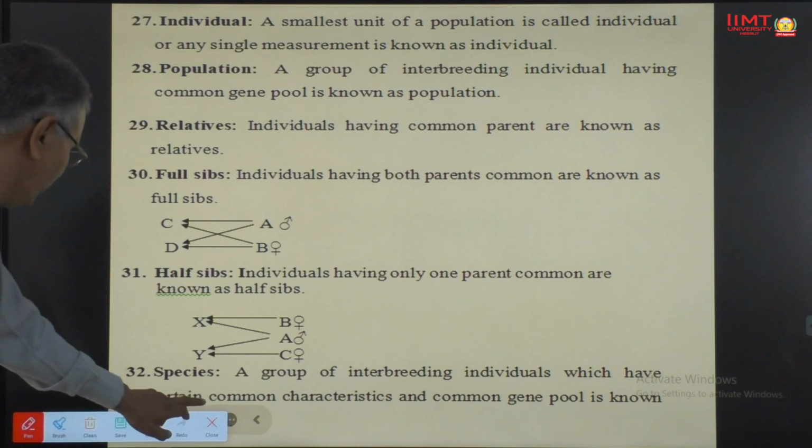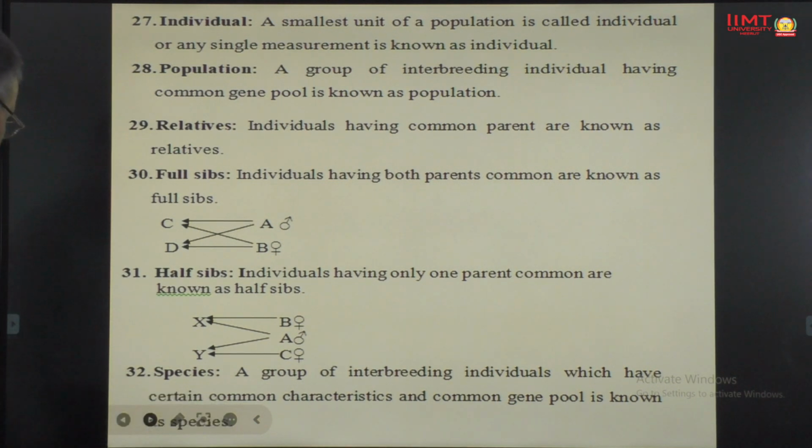What is species? A group of interbreeding individuals having a common gene pool is known as a species.